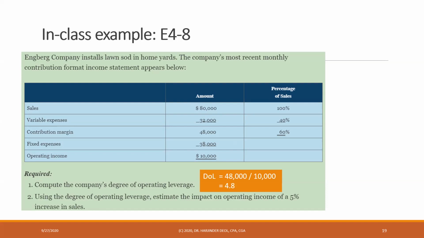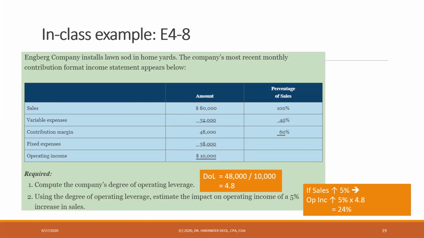Now under 2, using the degree of operating leverage, estimate the impact on operating income of a 5% increase in sales. How much would your operating income change if we have a 5% increase in sales? If our sales go up by 5%, our operating income will change by 5% multiplied by our DOL, which was our multiplier of 4.8.